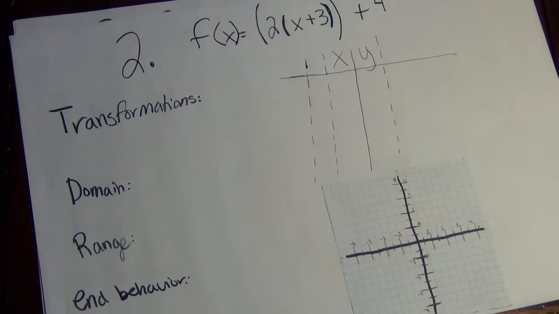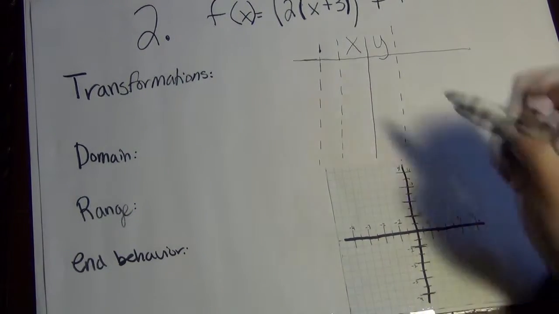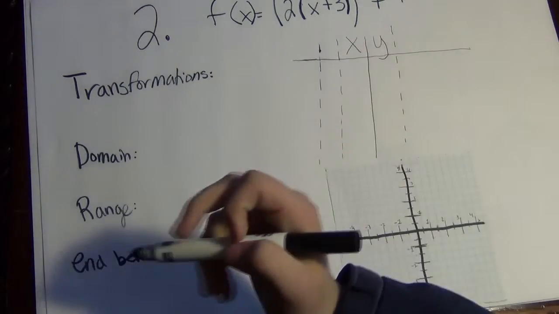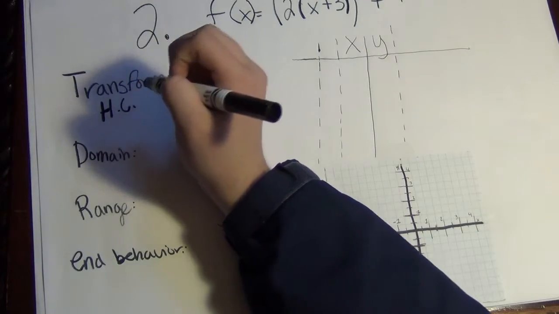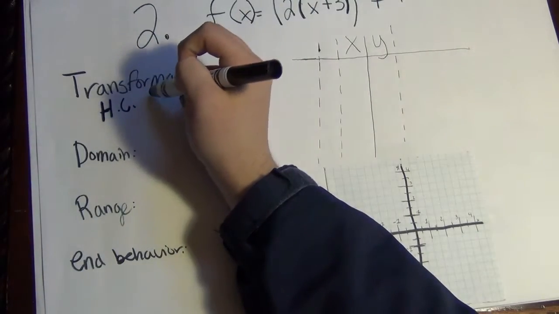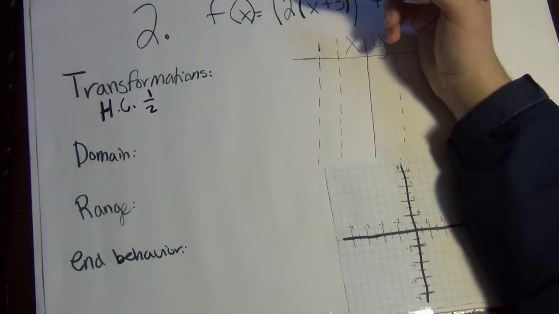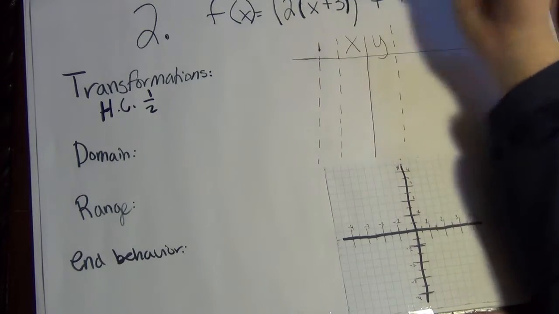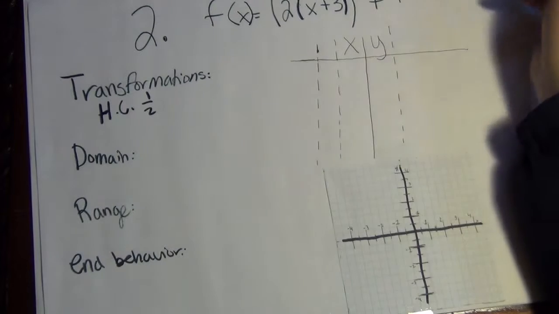Alright, for the second equation, it's a little bit more complicated, but it's not that bad. So since there's no negative in front, you're not reflecting it over the y-axis. All you're doing is horizontally compressing it by 1/2, and you have to do that because in the transformation formula, it says that it's 1 over b, and since b is 2, you have to put 1 over 2.